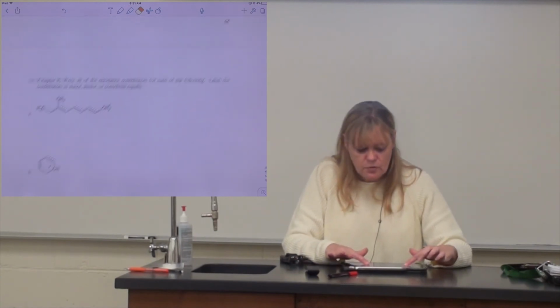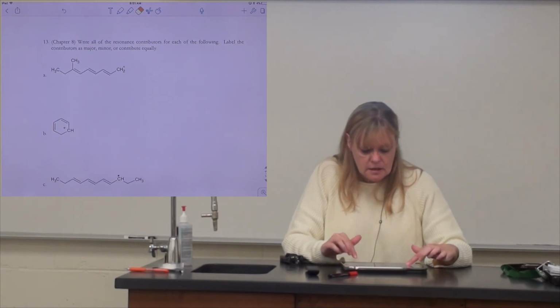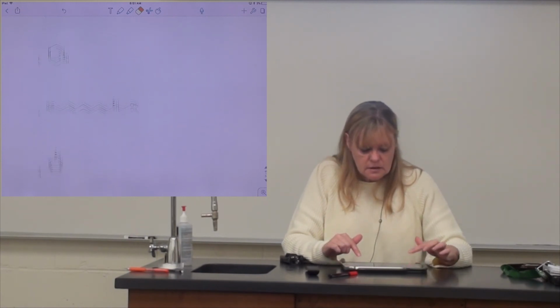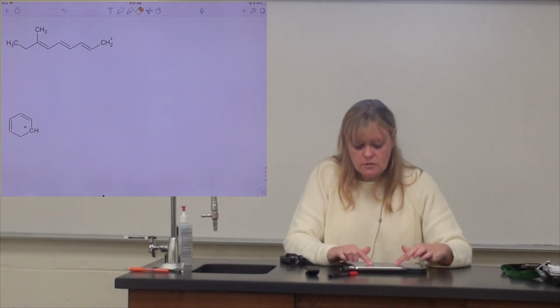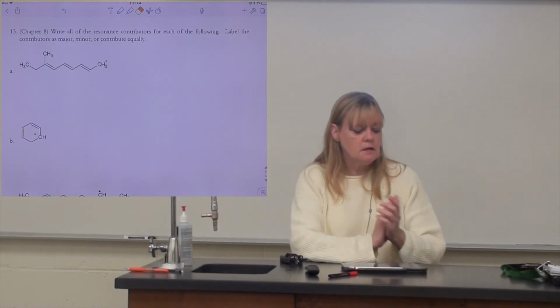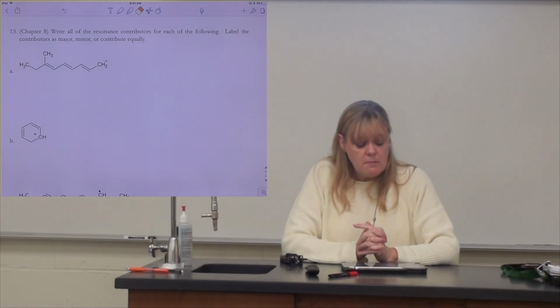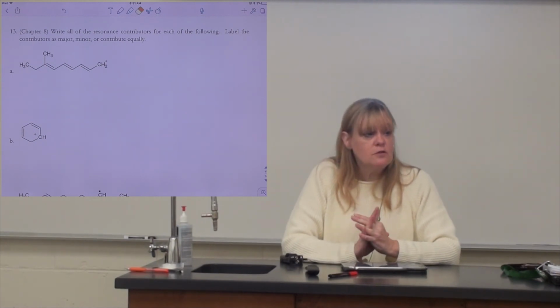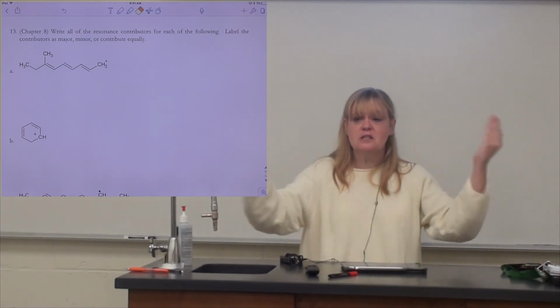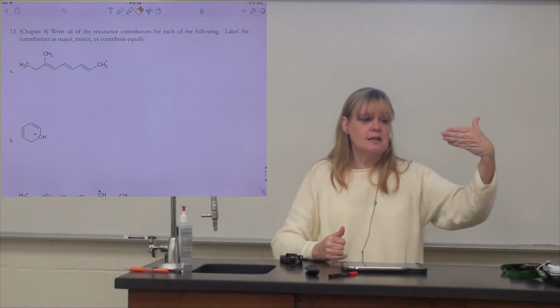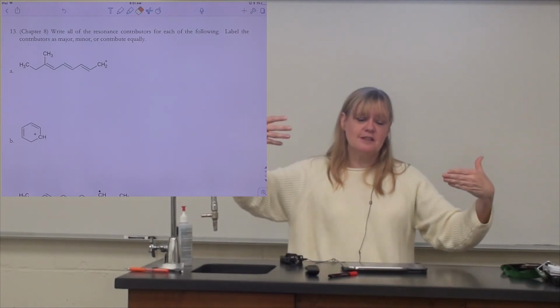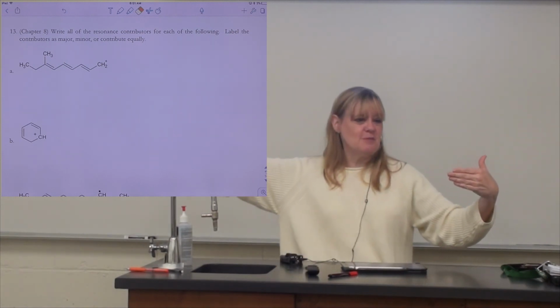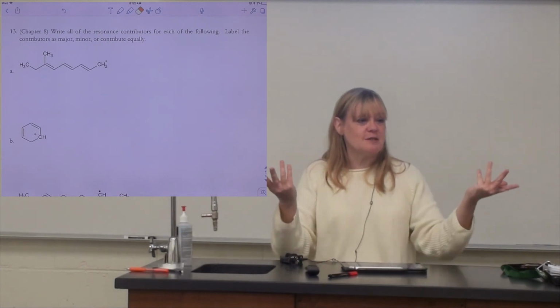Aha! Page 49. Page 49, write all the resonance contributors for each of the following. You don't have to worry about the major, minor, or contribute equally, but if you wanted to, if you're just kind of bored this weekend, if you have different resonance contributors, one has a carbocation on a tertiary carbon, one is on a secondary carbon, one is on a primary carbon, the tertiary is the major because that's the most stable.